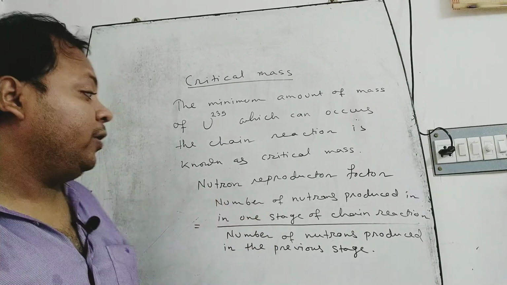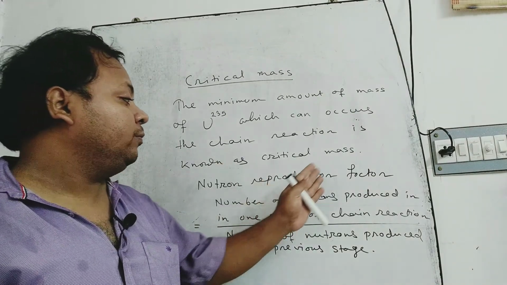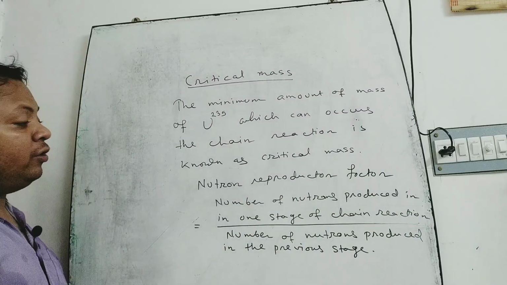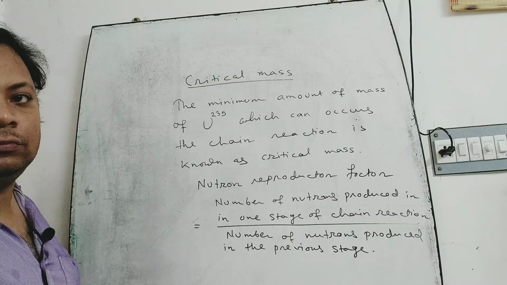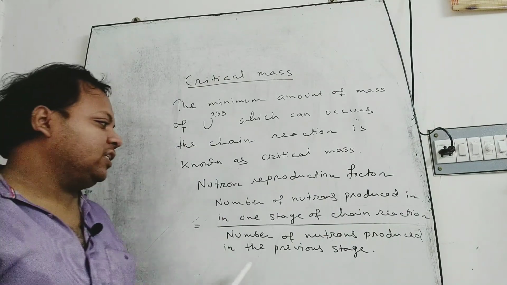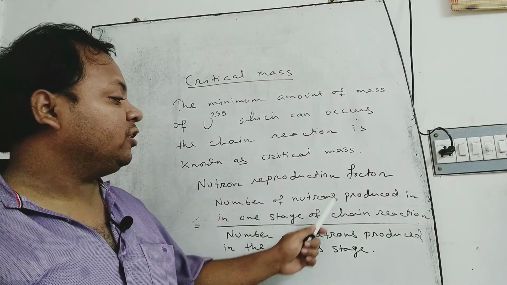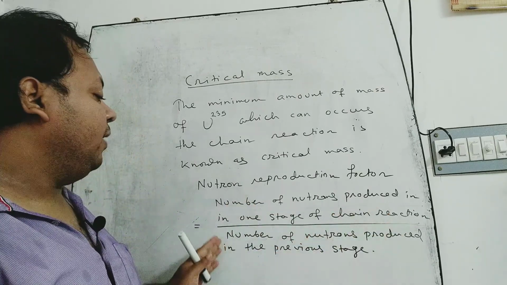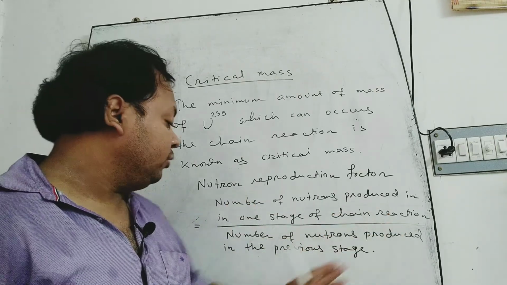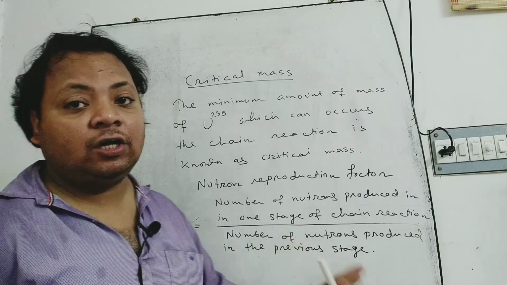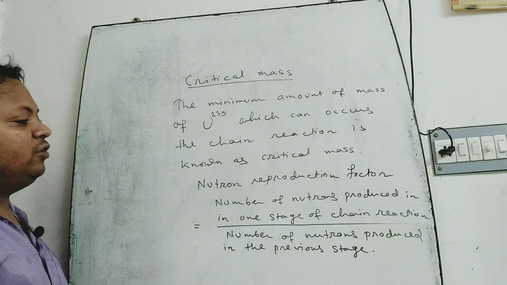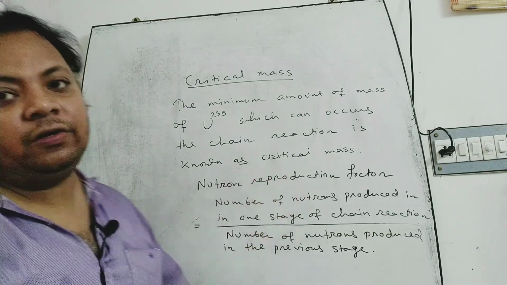Now, the neutron reproduction factor. The neutron reproduction factor is the number of neutrons produced in one stage of the chain reaction divided by the number of neutrons produced in the previous stage of that chain reaction.